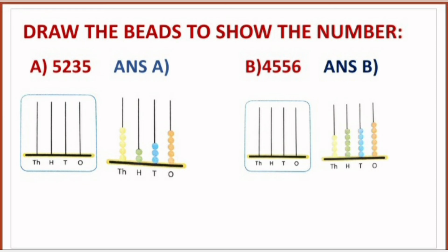In tens place 3 is given, so on the tens rod 3 beads are drawn. In hundreds place 2 is given, so in the hundreds rod 2 beads are shown. And in thousands place you have the digit 5, so 5 beads are drawn on the thousands rod. Okay, can you do the next question on your own?